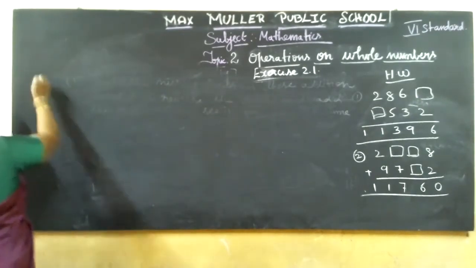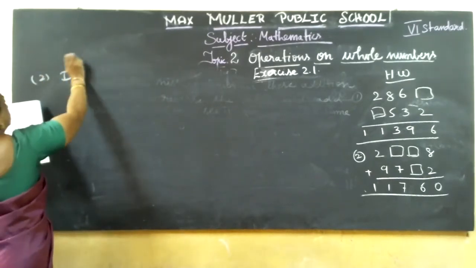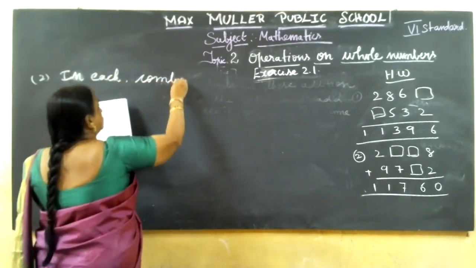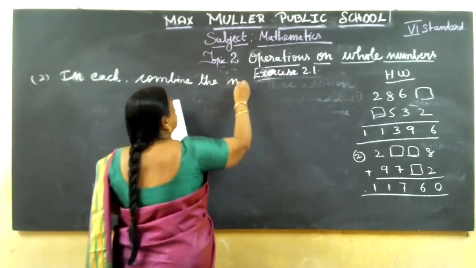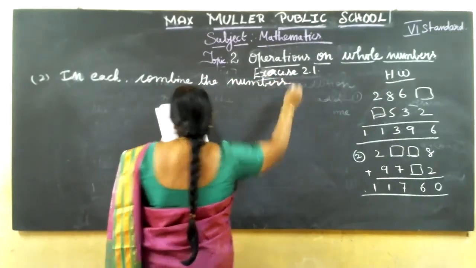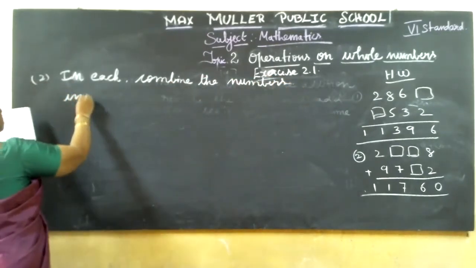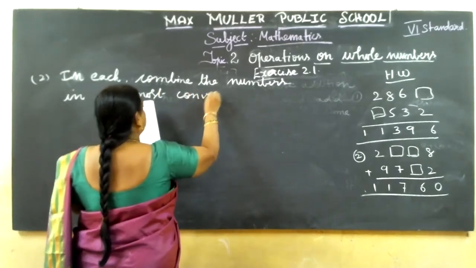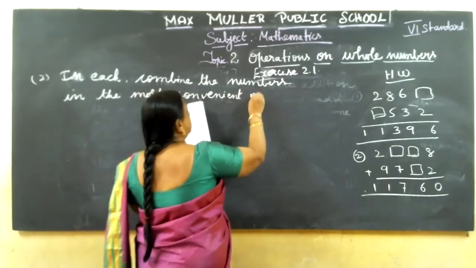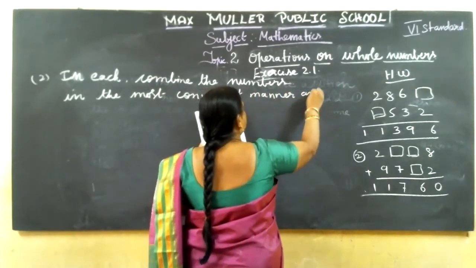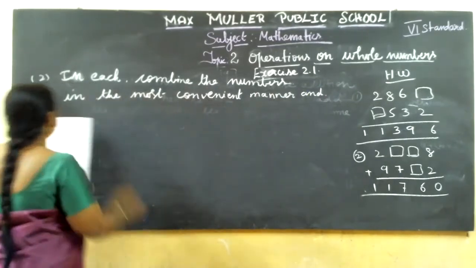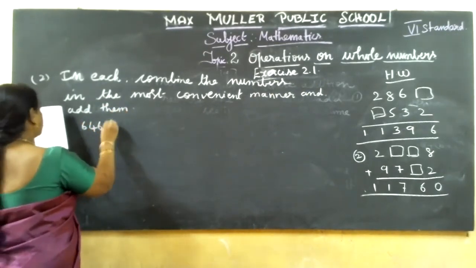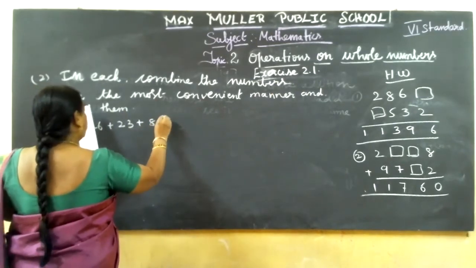In each, question number 2, in each combine the numbers in the most convenient manner and add them. Question: 646 plus 23 plus 854.